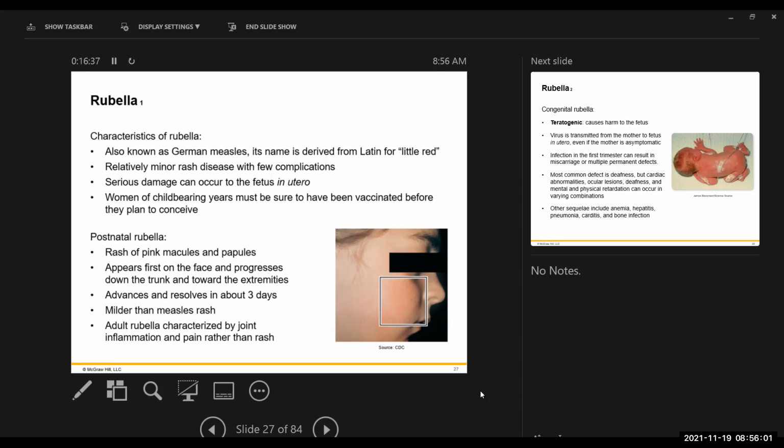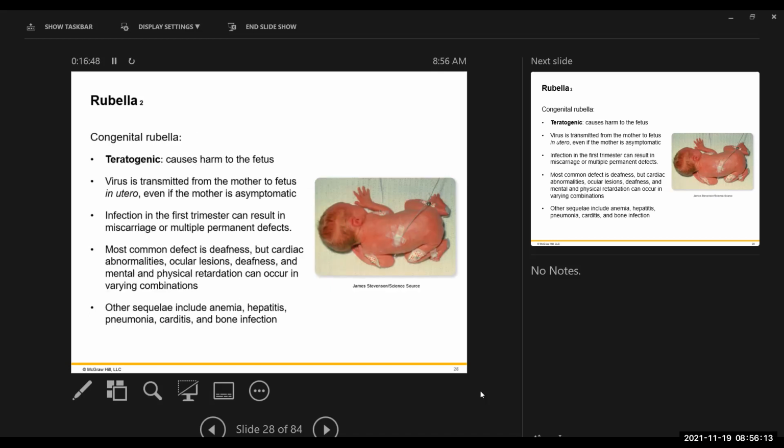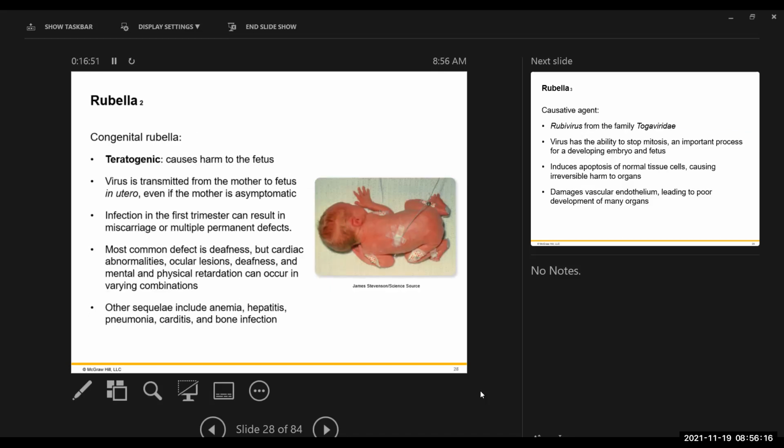The big thing about rubella is that it can be transmitted across the placenta to the fetus. Infection, if it occurs during the first trimester of pregnancy, the fetus may develop the so-called congenital rubella syndrome. Congenital rubella syndrome presents with a triad of symptoms.